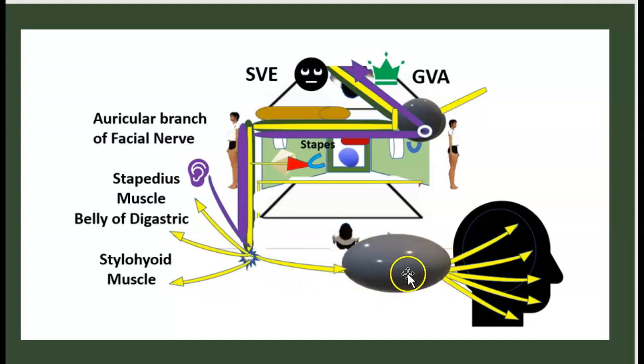From the parotid, they give 5 branches: temporal, zygomatic, buccal, marginal mandibular, and cervical branch. All these branches are for facial expression.